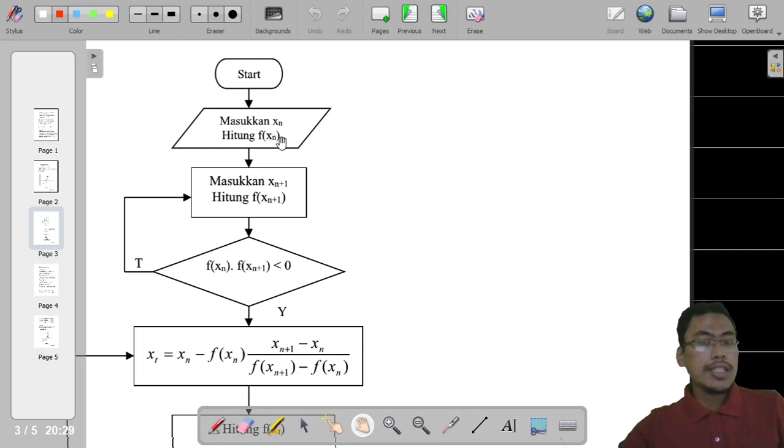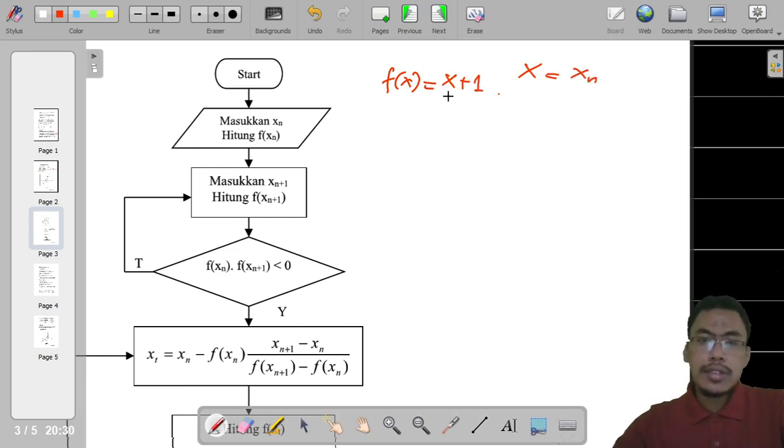So f(xn) is the function f when we put xn into it. Let's say we have f(x) equals x plus 1, and x equals xn, then the result of f(xn) will be xn plus 1.